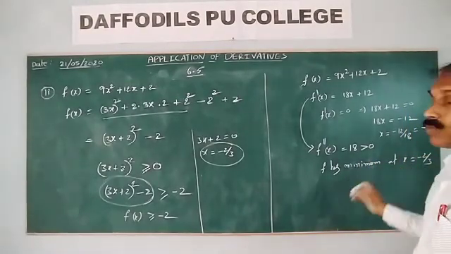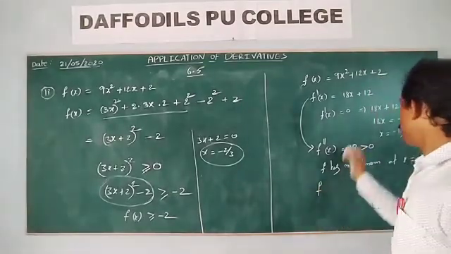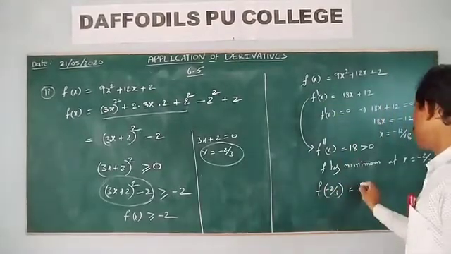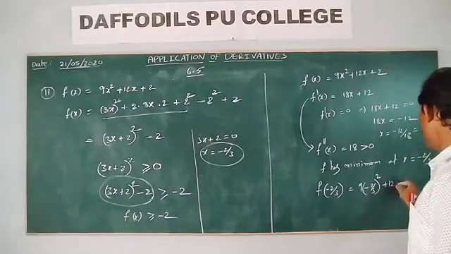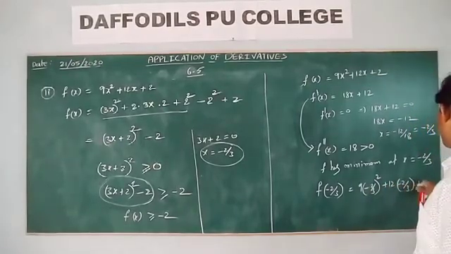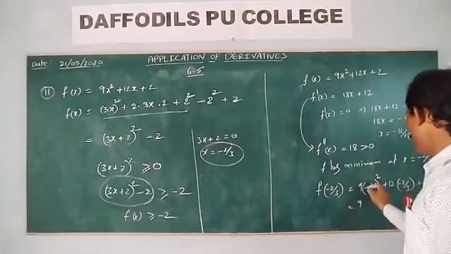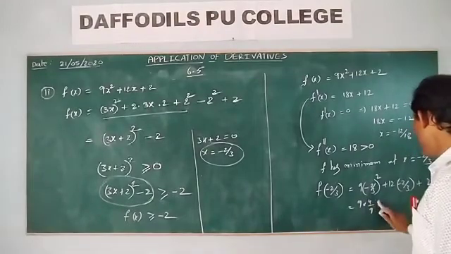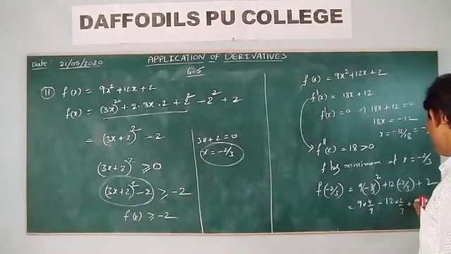So at x equal to minus 2 by 3, what is the minimum value? The minimum value is f of minus 2 by 3. Substitute in the first function: 9 into minus 2 by 3 whole square plus 12 into minus 2 by 3 plus 2. 9 into 4 by 9, minus 12 into 2 by 3, plus 2.